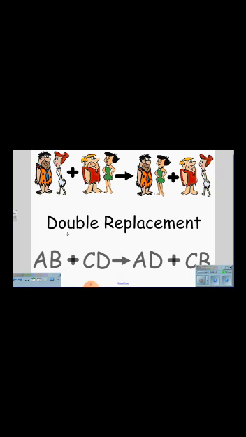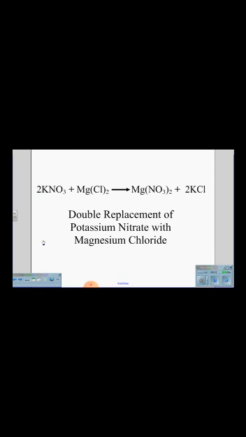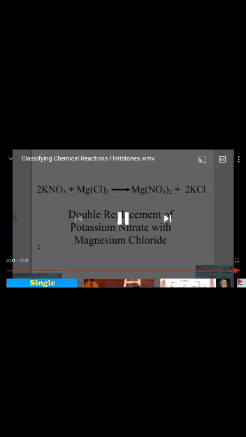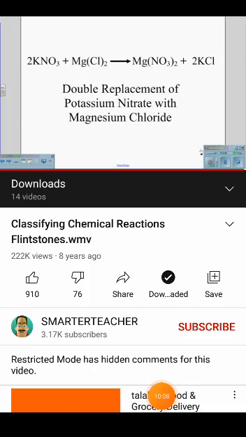AB compound breaks down along with CD compound, which breaks down, and you end up with compounds AD plus CB. An example of this would be a double replacement reaction where potassium nitrate combines with magnesium chloride and ends up being magnesium nitrate plus potassium chloride. This is classification of chemical reactions, and thank you to the Flintstones.